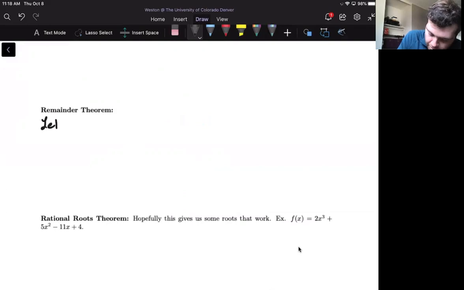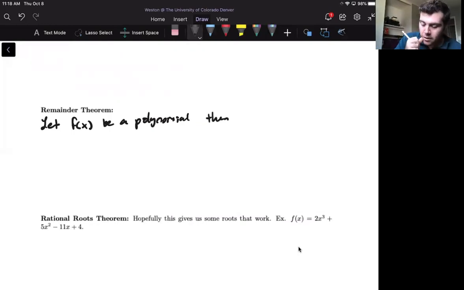So if f of x is a polynomial, so we let f of x be a polynomial. That's saying we have some function that's a polynomial.